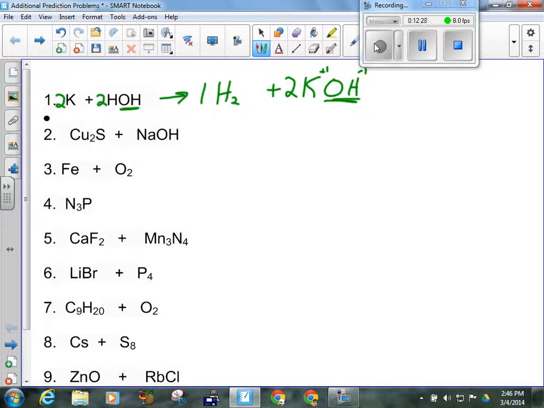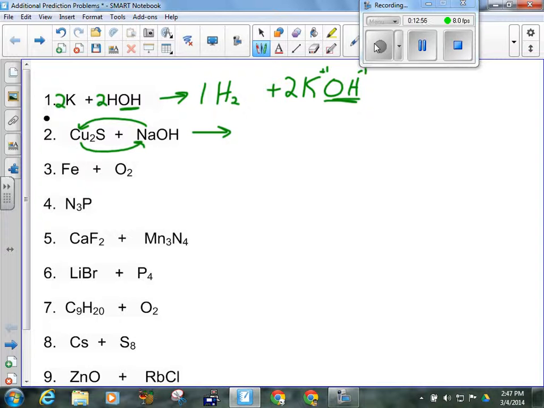Okay, for number 2, I've got an ionic compound, in this case copper 1 sulfide, reacting with sodium hydroxide, also a compound. What kind of reaction starts with 2 compounds? Double replacement. We have to remember that in a double replacement, what we typically do is swap the metals.